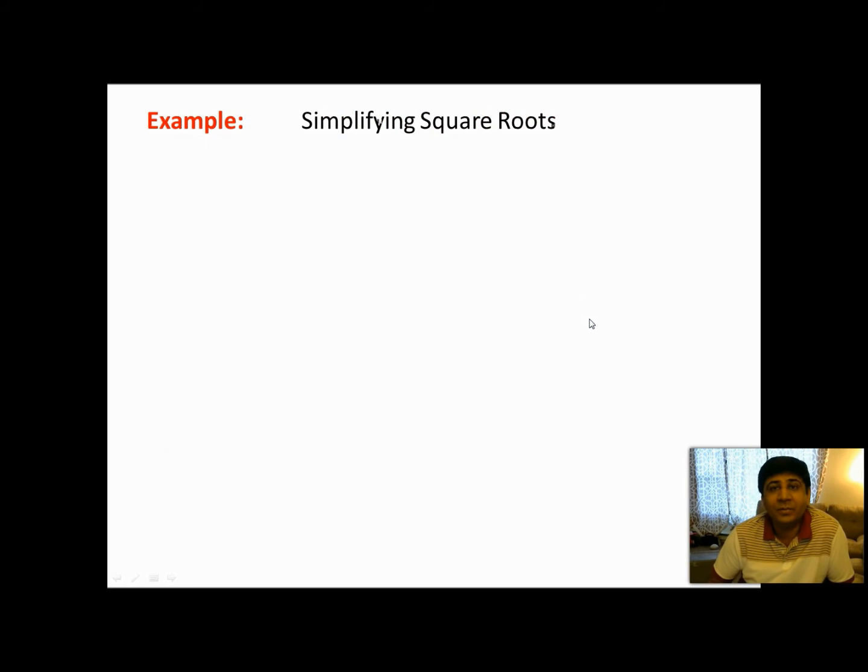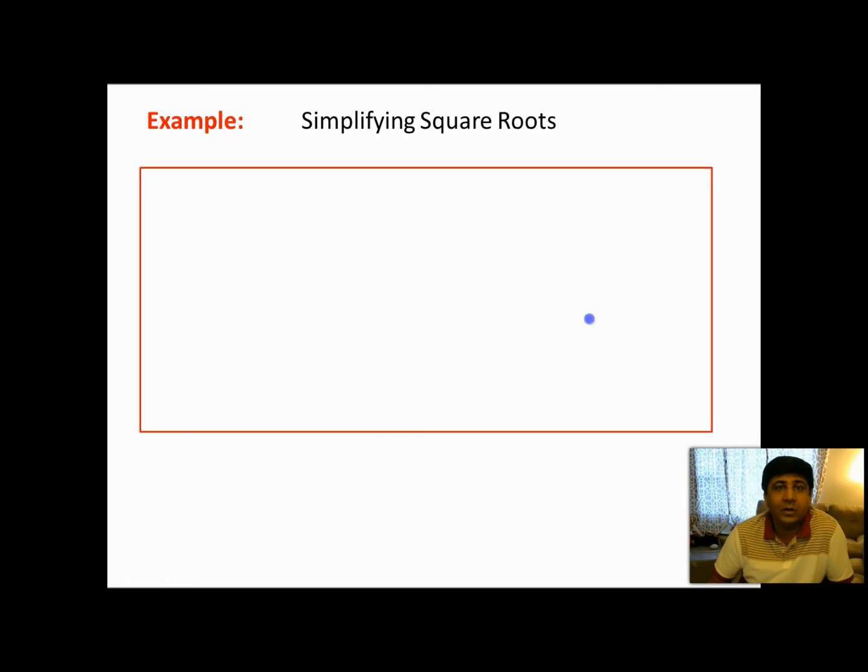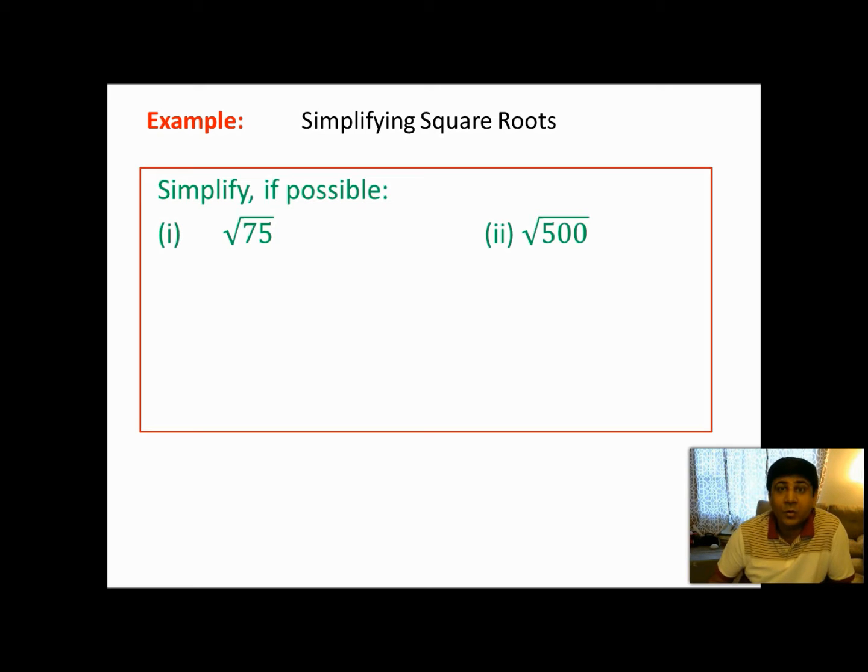Now how to simplify square roots? To simplify square roots, we will find a number which is a perfect square of something. That will be our goal. Suppose you want to simplify the square root of 75 and the square root of 500. Can we not write 75 as a product of 25 times 3? Using the property from the previous slide, we can separate them into two square roots: the square root of 25 and the square root of 3.